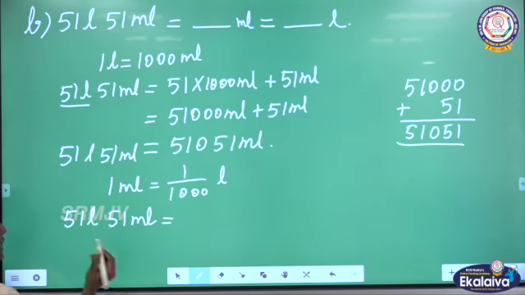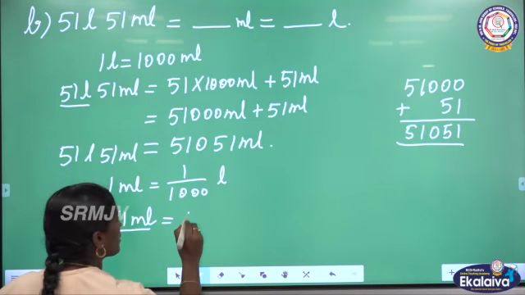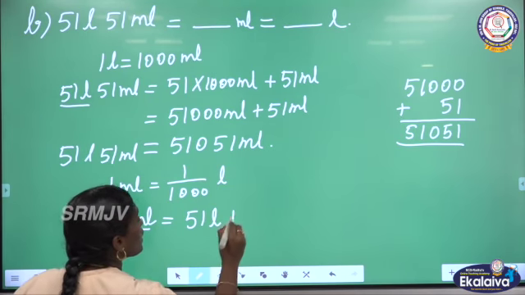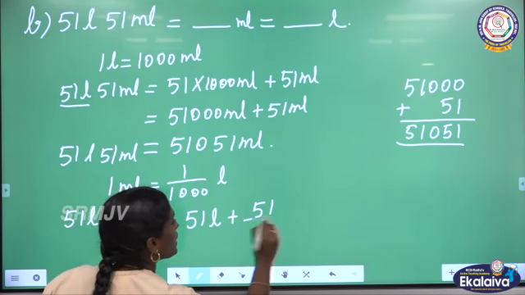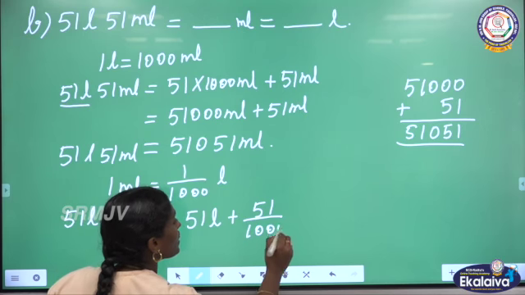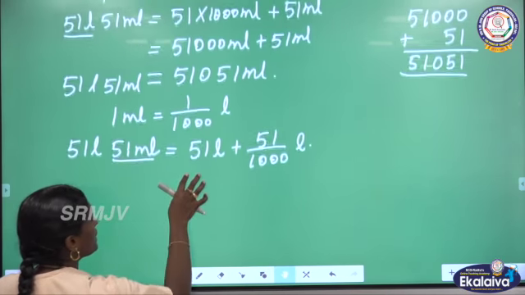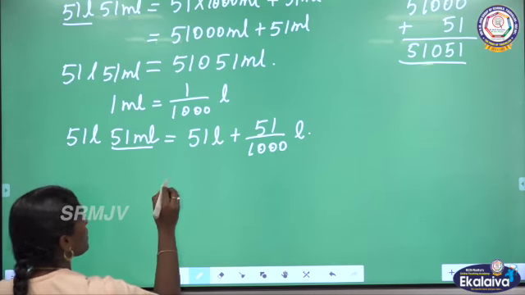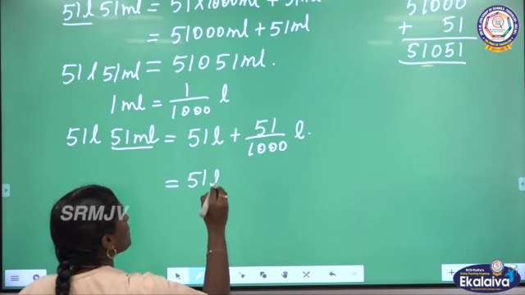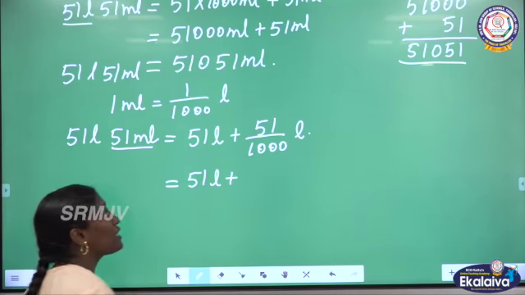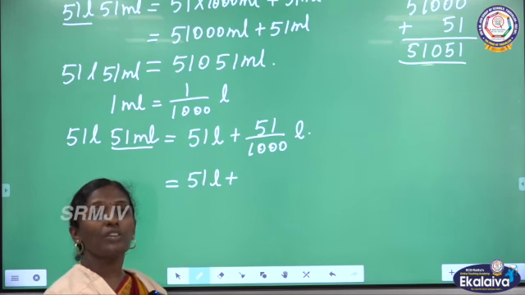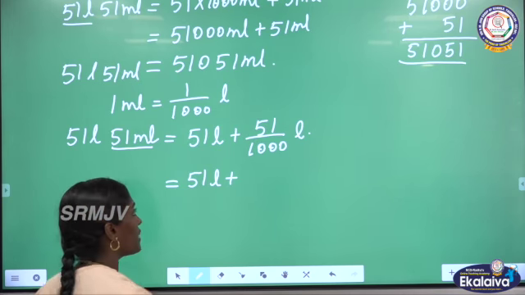So 51 already is in liter, we are going to convert 51 milliliter to liter. So 51 liter plus 51 divided by 1000 liter. Okay, now we have to write as a decimal. So 51 liter plus, here in denominator 3 zeros are there. So in answer we need 3 decimal places.